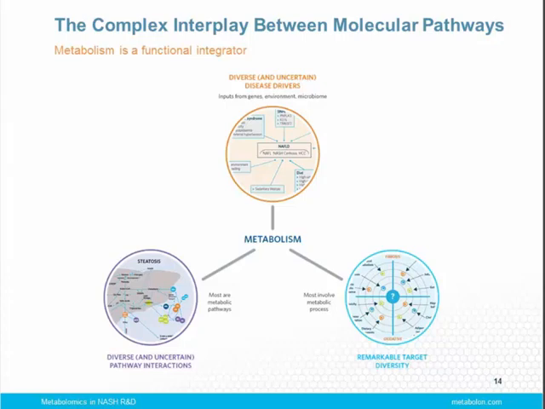And most of these treatments involve metabolic processes in some way or another. So by studying the metabolome, we can understand not just the primary causes and consequences of these treatments and disease, but also secondary consequences.